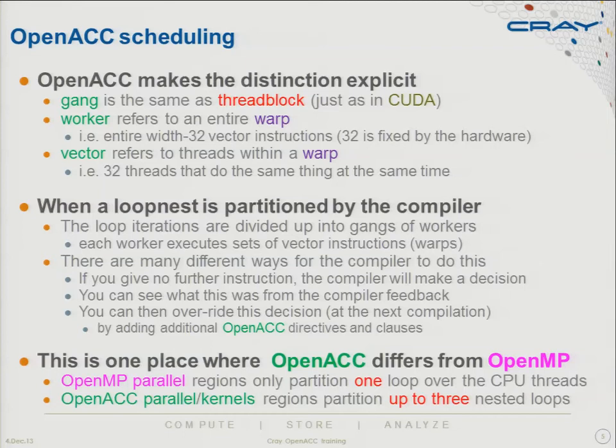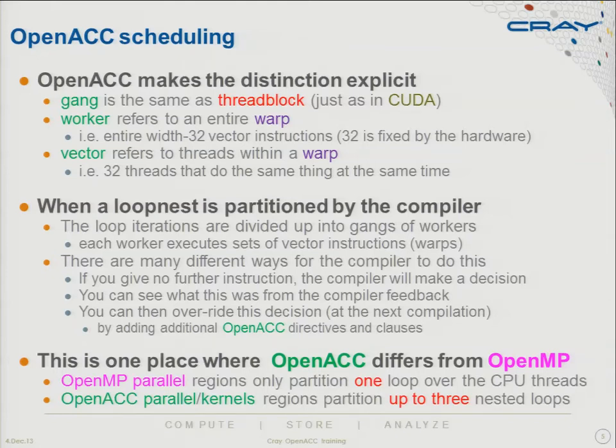So when a loop nest is divided up by the compiler, the loop iterations are divided up into gangs of workers. The gangs execute on these vector SMs. The workers are divided up into sets of vector instructions of width 32. And these are called the warps, or the worker in the language of OpenACC.